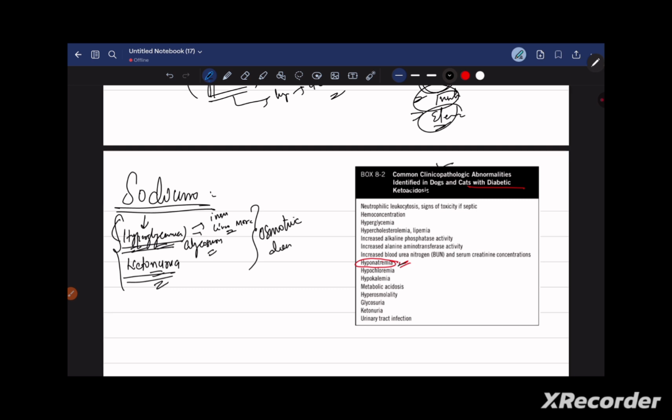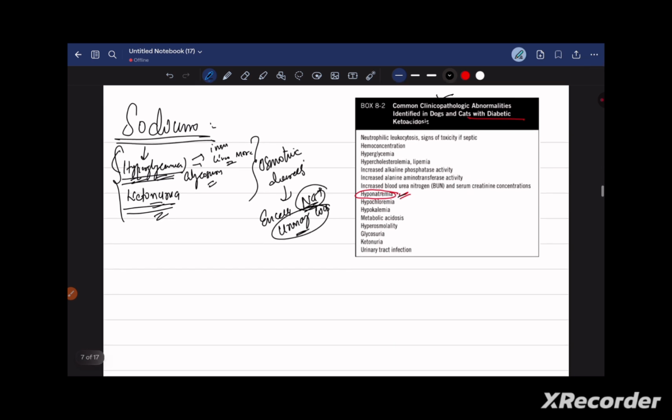Because of the osmotic diuresis, there is excess urinary sodium loss, meaning sodium is excreted through the urine, which decreases the sodium concentration in the blood. This is one of the reasons, because of the glycosuria and ketonuria.